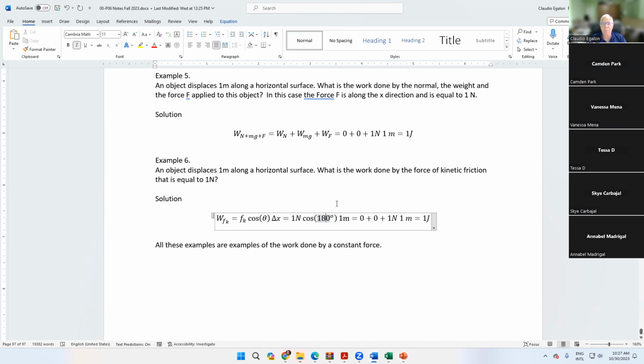Because it's 180 degrees, the cosine of 180 is -1, right? And now we have this case in which the work done by a given force is negative, is -1 joule.